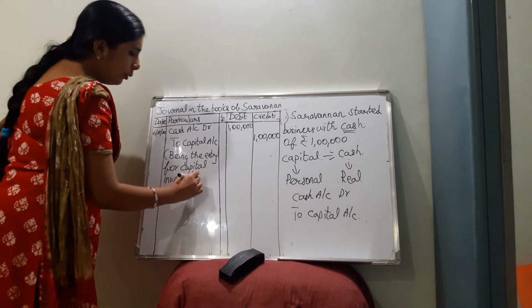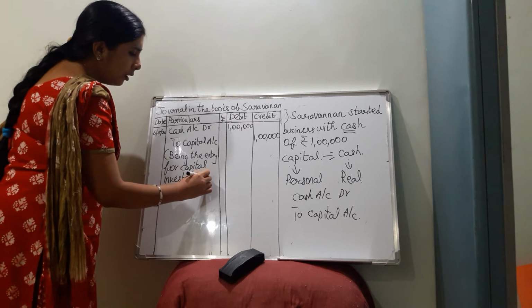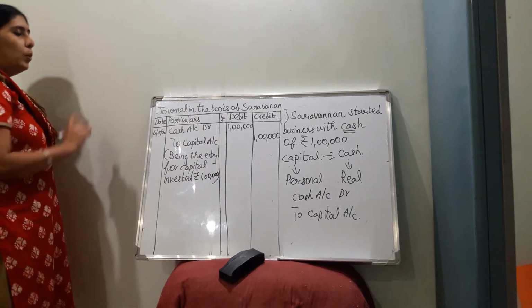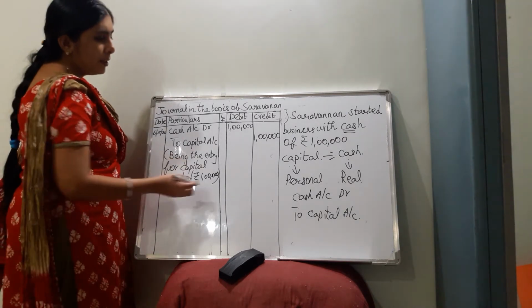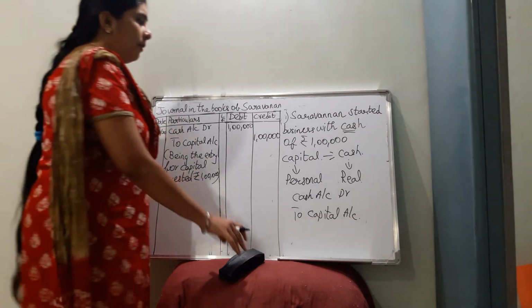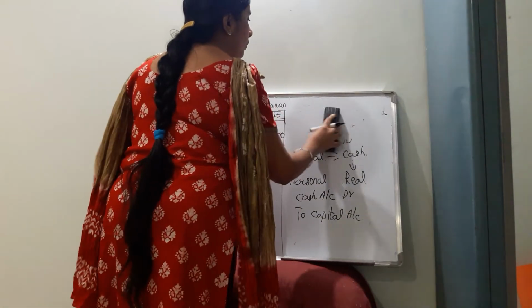Capital invested, you can even mention the amount, rupees 1 lakh. Even if you don't mention, it is fine. Okay, so this is about the first entry. If you want you can draw a line, otherwise it's not necessary. Likewise we will see one more example.